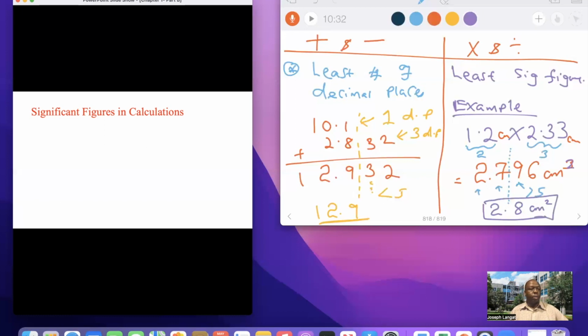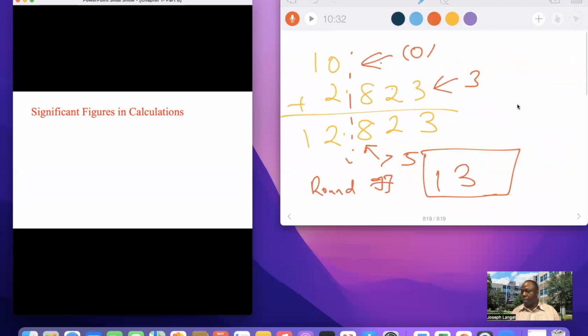That's what you need to look at. For addition and subtraction, look at the places of decimal. For multiplication and division, the least significant figures.